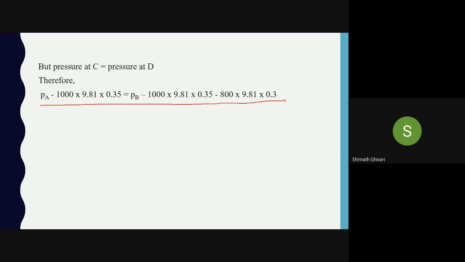Any one of you? Very good. The answer is 2356.235.4 Newton per meter square. So this is the difference of pressure, PB minus PA.